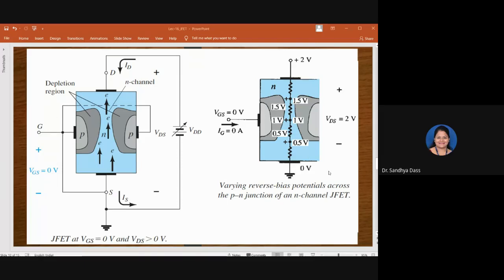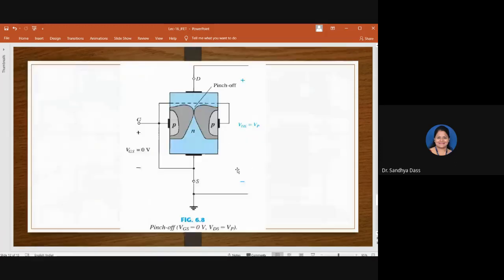As it goes on widening, there comes a point where both the depletion regions at the upper area touch each other.